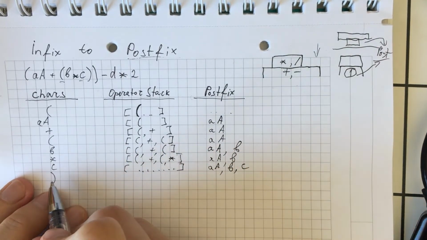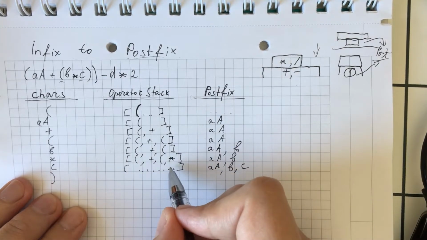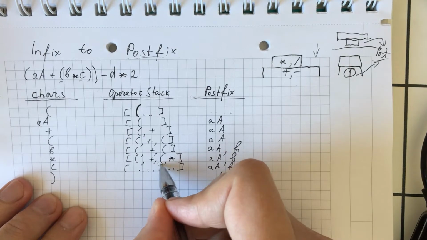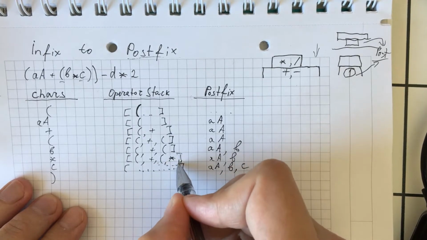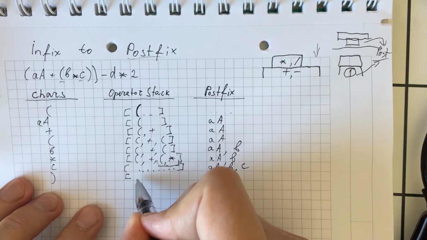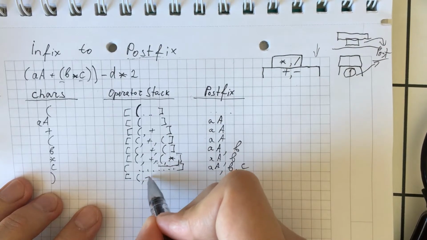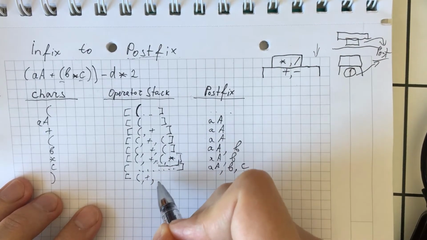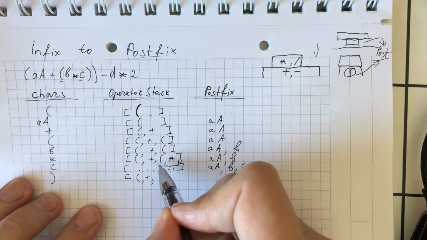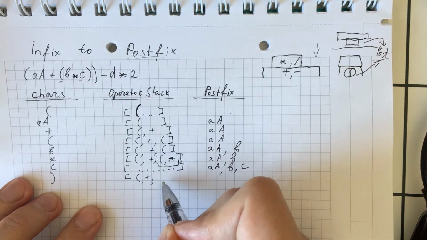This means that everything that there was up until now gets popped until the opening parenthesis, right? So let's see, we have still the first, there's still this, and here's our opening parenthesis. So it means that we destroy everything that was here.